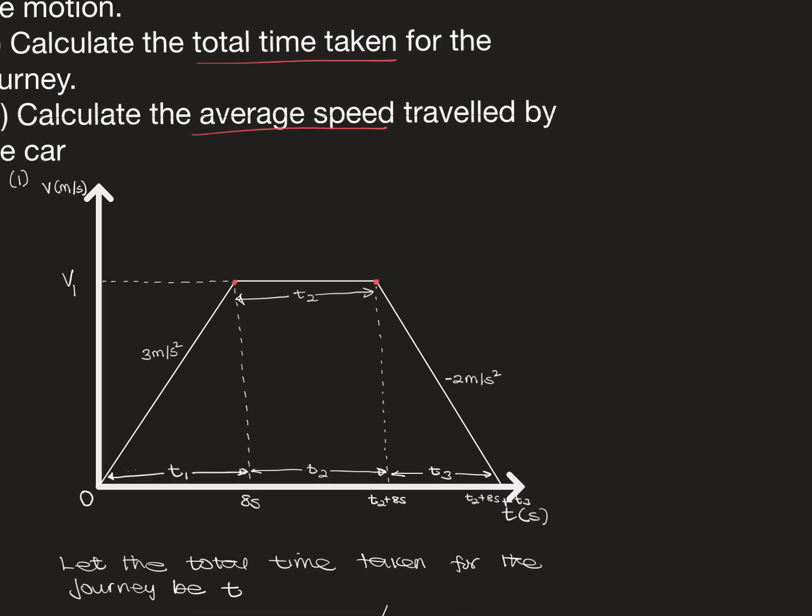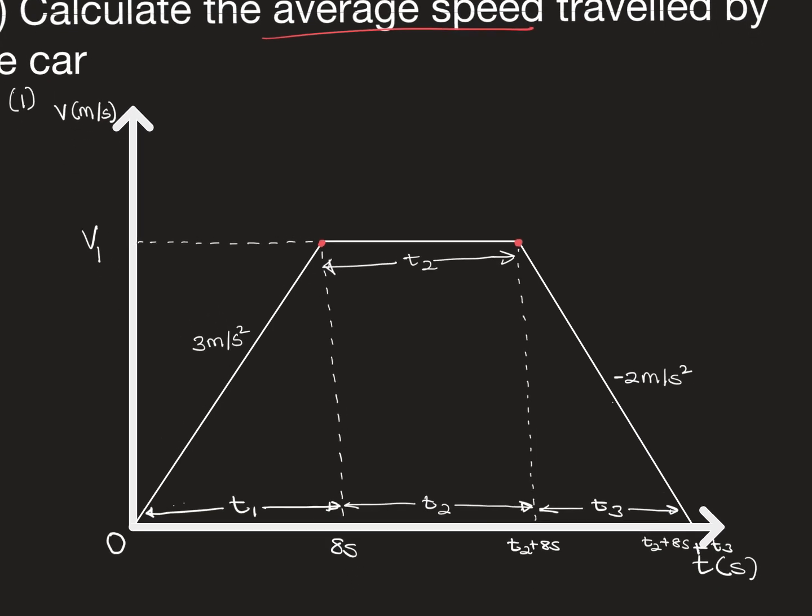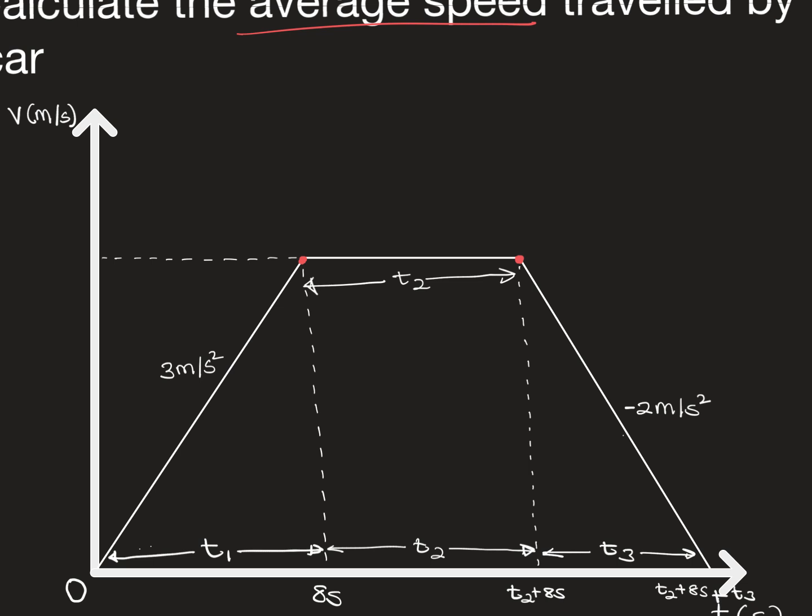So that is the final velocity attained at the end of the first event. Therefore, we can indicate V1 as 24 meters per second on our velocity time graph.